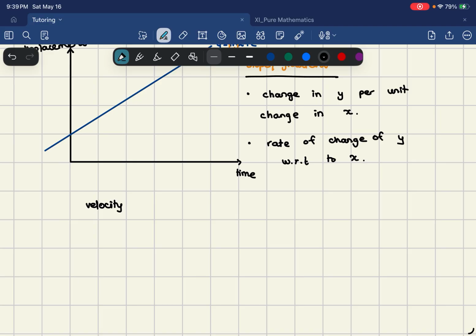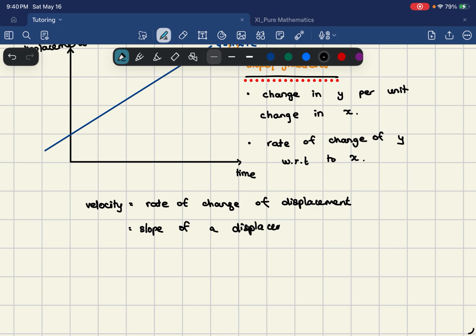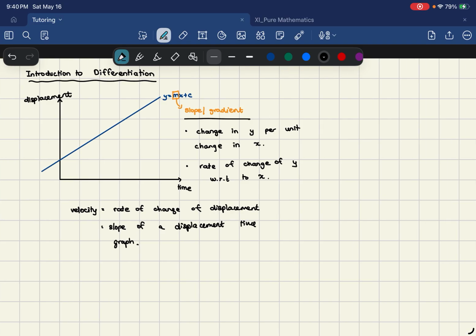It's the rate of change of displacement. That is velocity.